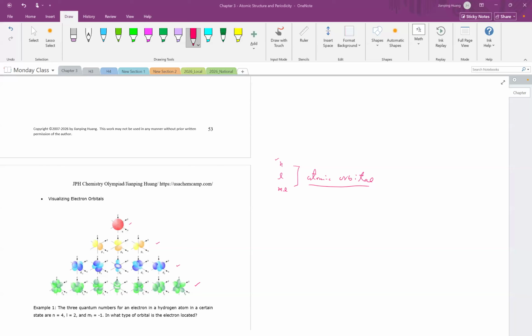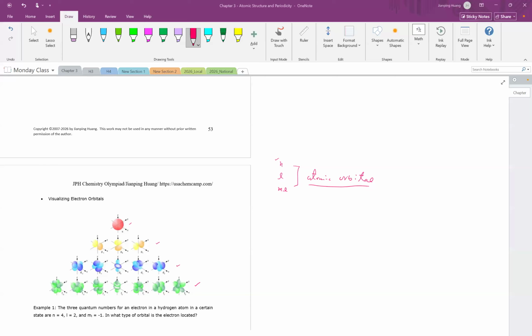What's the ml? Can you tell me? Magnetic quantum number. Remember? And those 3 numbers are n, l, ml. n is related to the shell of an atom and determines the size and the energy.